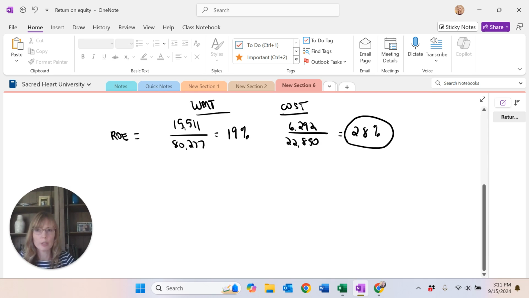Return on equity can be broken down into three components. We saw that return on assets was broken down into two drivers, ROE can be broken down into 3 drivers.